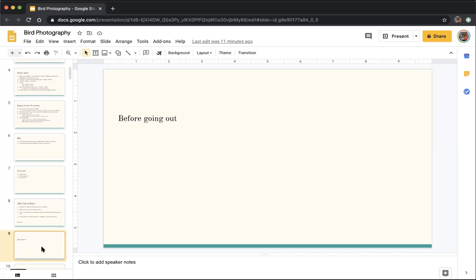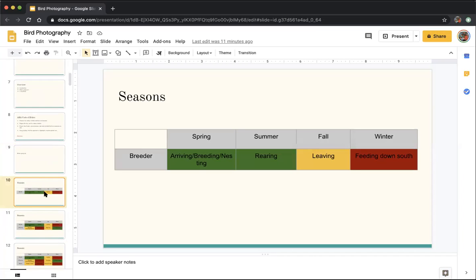So before going out, especially with birding, and again it'll probably differ depending on which part of the world we are in, the idea is that we should look at our local calendar, so to speak, for birds and wildlife in general.